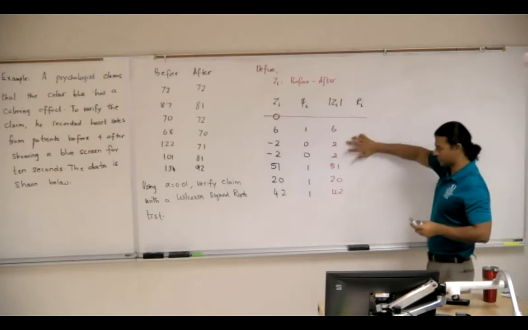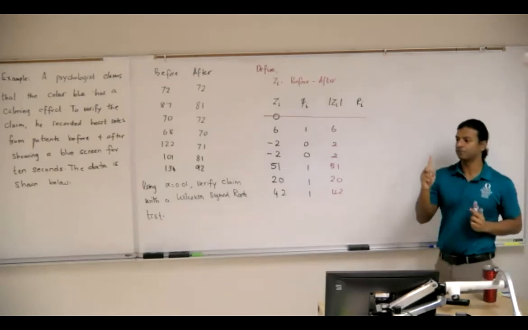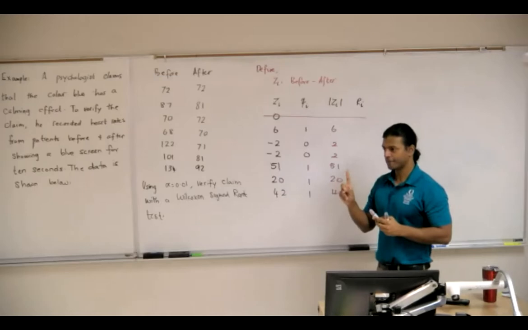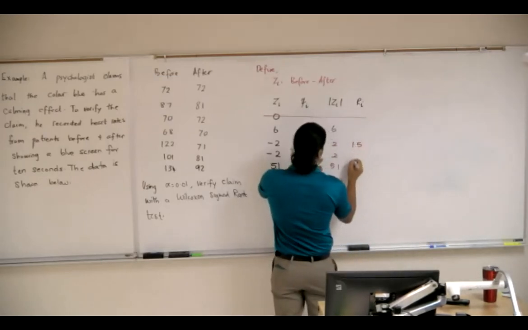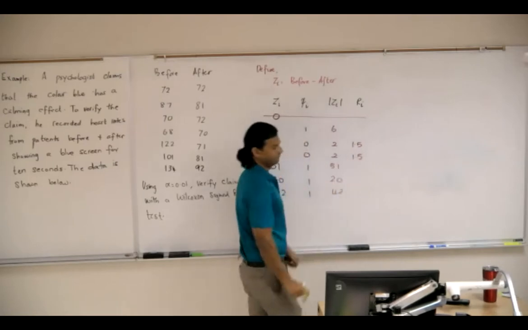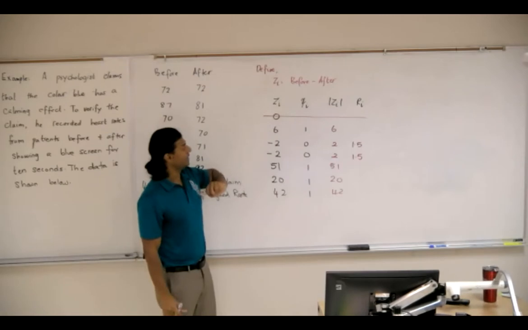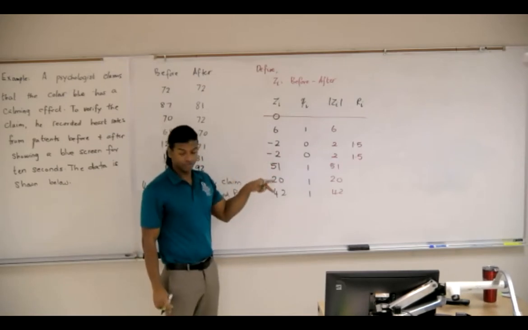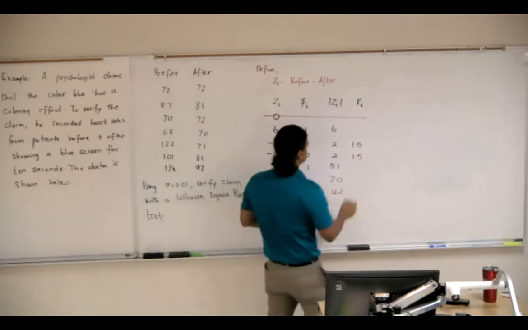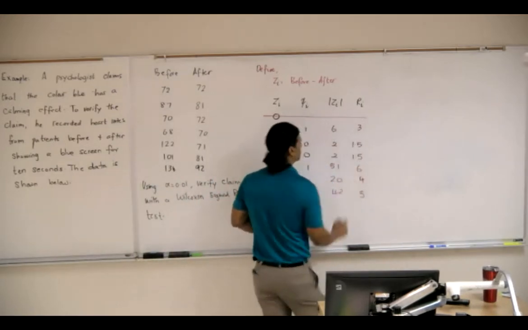But since those two are the same, I'm going to average them and assign a rank of 1.5. So 1.5 here, 1.5 there. And the rest I'm going to assign starting at 3 because I averaged 1 and 2. The next ranks would be 3, 4, 5, and 6.